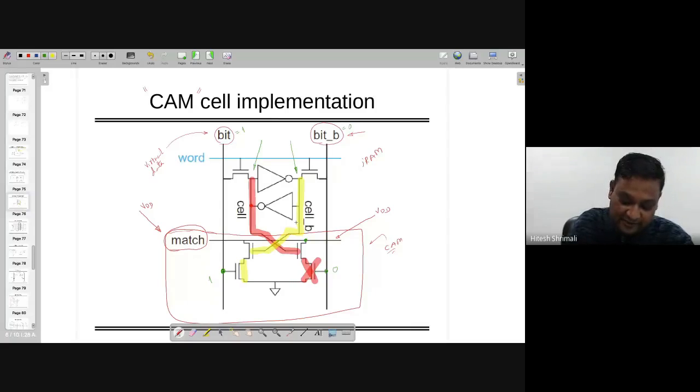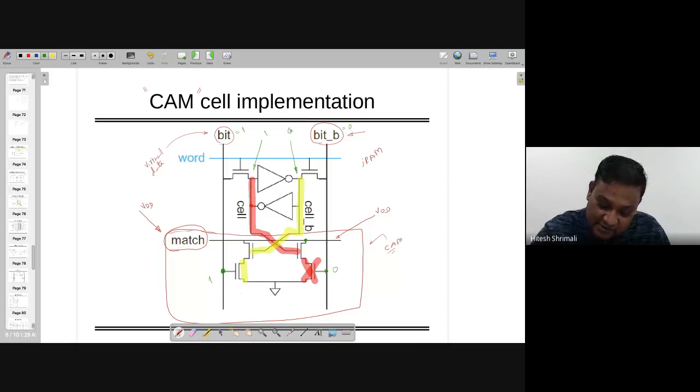Now look at the other side, what is happening. When this is on, at that time, if the stored value over here is 1 and 0, then you are on the safer side. What I mean to say is, if this is 0, look at this, you have to follow the yellow line.